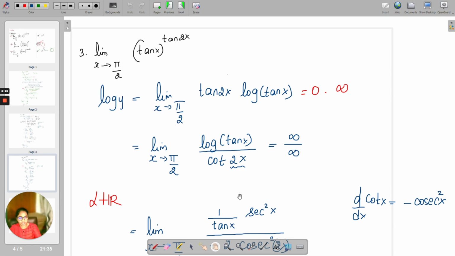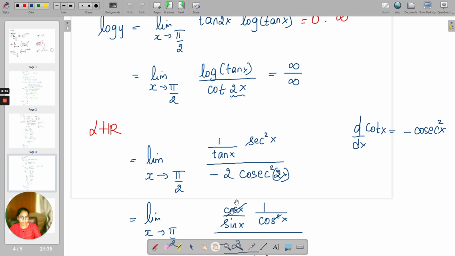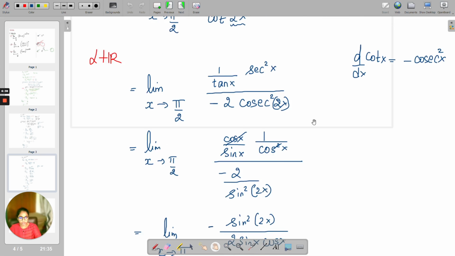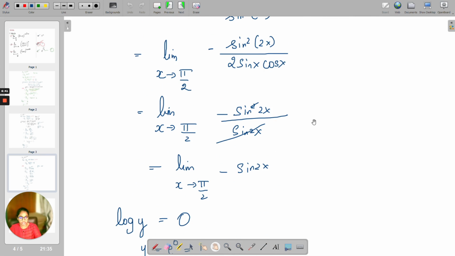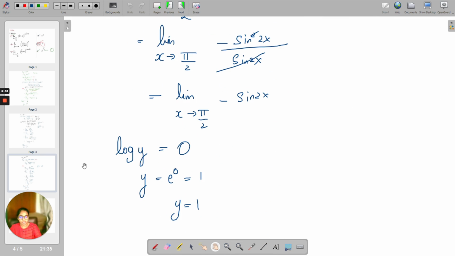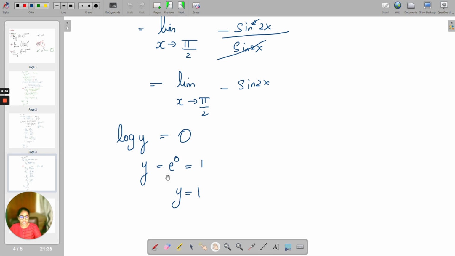Since we cannot apply L'Hospital's rule to 0 into infinity, we simplified the expression and brought it to infinity by infinity form. Then we applied L'Hospital's rule, and after some differentiation and simplification, we arrived at log y equal to 0. After applying anti-log on both sides, we arrived at y equal to 1, because anything to the power 0 is 1. That is it for today's class. Thank you.